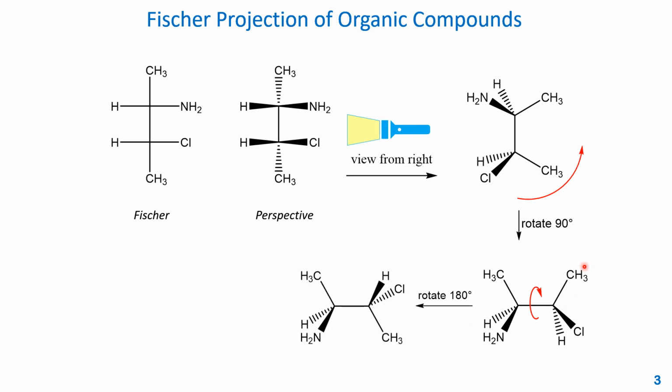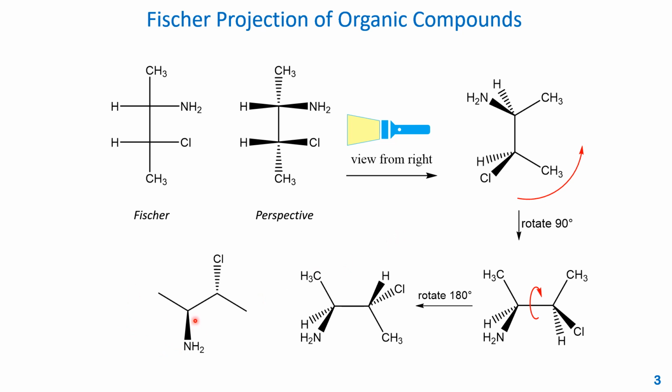Then this methyl will be rotated from top to down, and this hydrogen, which was away from you, will now point to you because you rotate 180 degrees. This chlorine will be rotated to away from you. So that will be a more stable structure, and then you can get rid of the hydrogen because normally in the skeletal structure you don't need to show the hydrogen.